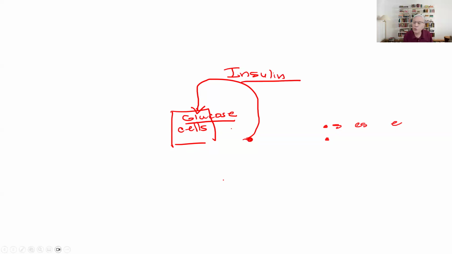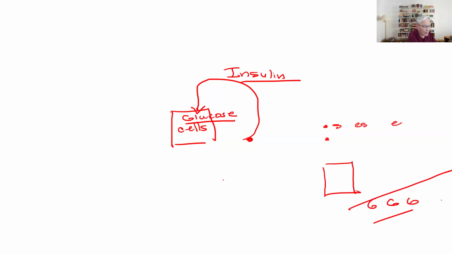So in other words, glucose usually cannot enter the cells without the presence of insulin. So what happens when you lack insulin is that the glucose stays in the bloodstream. So you will have an increase in glucose in the bloodstream, known as hyperglycemia.